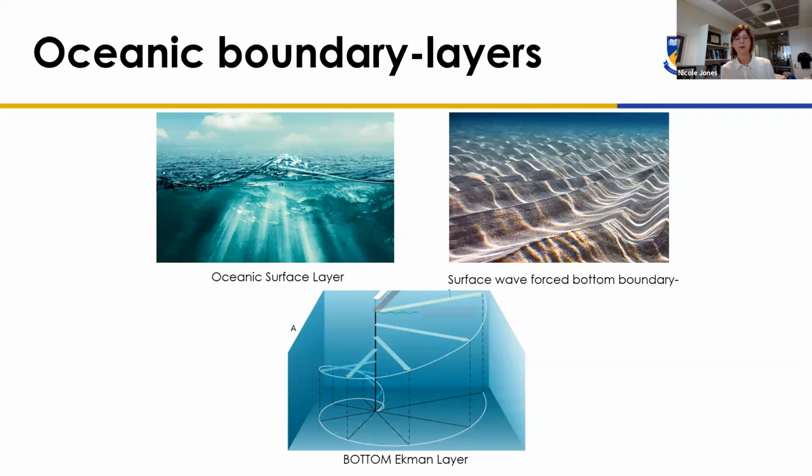So if we're talking about surface waves of order 10-minute period, then we have quite a small boundary layer that's formed, up to very appreciable boundary layers formed over large scale flows, such as wind forced dynamics, where we have a bottom Ekman layer that results.